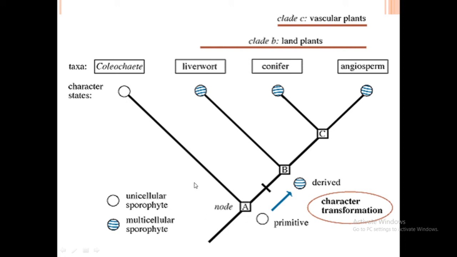Character states: unicellular sporophyte, multicellular sporophyte. This is the primitive one, the first one. From this the characters are derived. From the primitive one, the liverwort derived. Again from this, conifers derived, angiosperm derived. So they acquired new characters, and that is a derived character. So here we are considering two characters, primitive and derived.